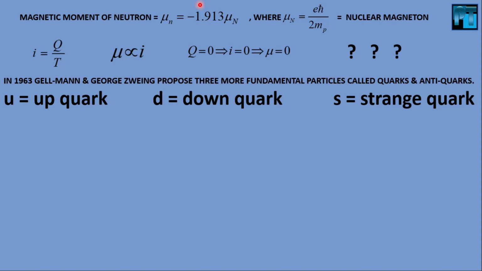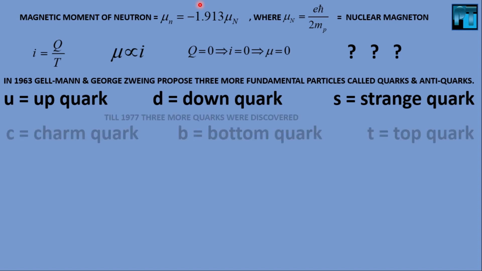Initially, they proposed three basic quarks: u up, d down, and s strange quark. Initially, the idea was that the hadrons are composed of only three quarks, u, d, and s. But later, till 1977, there were some experimental evidences that there are still more fundamental particles.